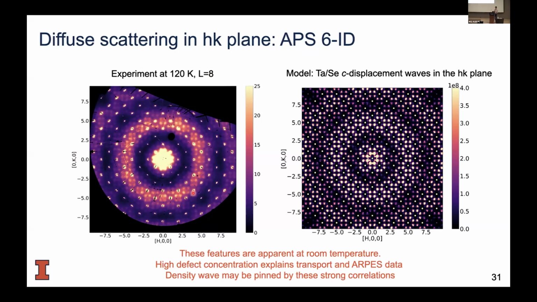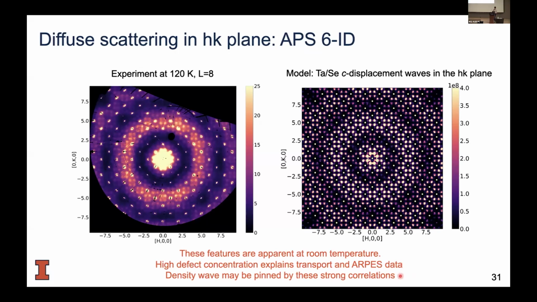This also doesn't have the same temperature dependence as the charge density wave. It's happening at all temperatures, but it does change with temperature, so it seems dynamic. If we have these displacements, that also explains why we have iodine moving around in different places in the structure, and why we see gapping in our photoemission data.